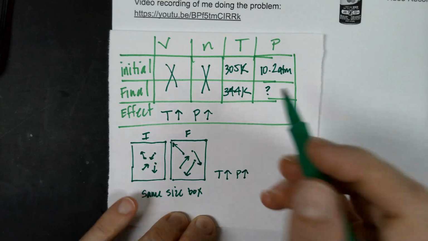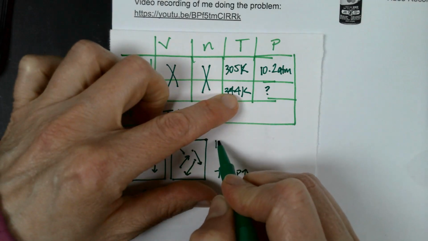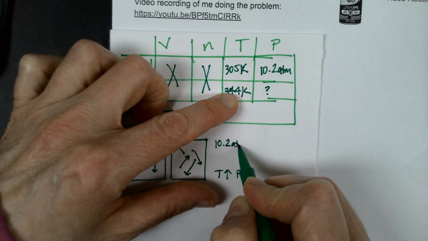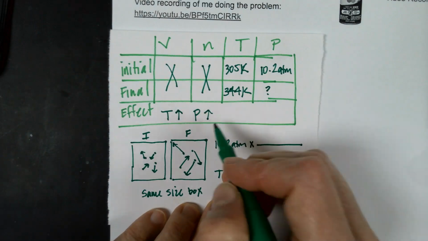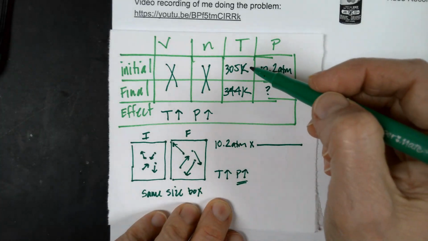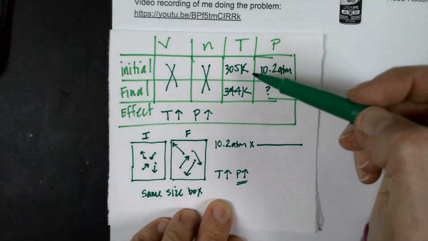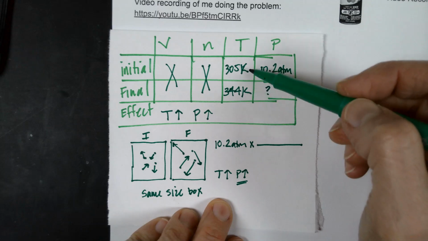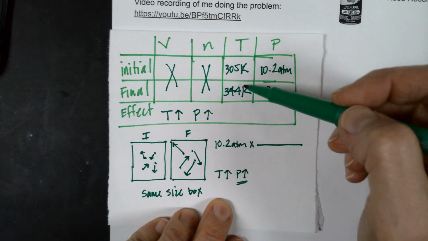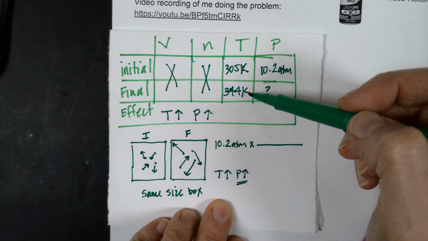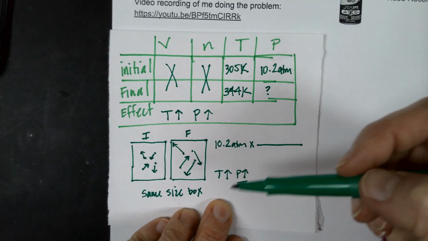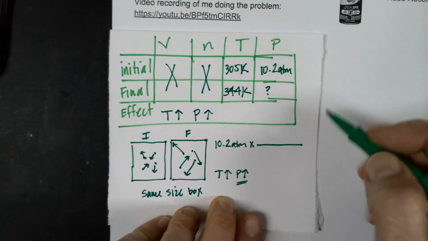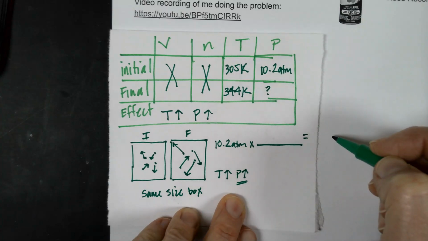So now what we're going to do is start with the 10.2 atm. And we want pressure to go up. Pressure needs to go up. So the way we do this is we're just going to make this fraction 305 over 344, or 344 over 305. We're just going to make it either make us have a bigger number or smaller number. We want our answer to be bigger.